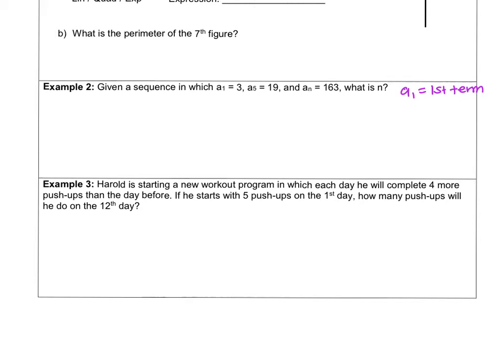So basically what I have created here is some kind of table where I have the term number, or its position in the pattern, and then the actual number. So the first term is 3. I know that the fifth term, a sub 5, is 19.